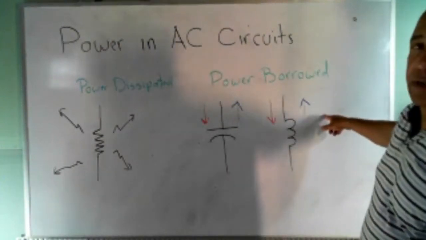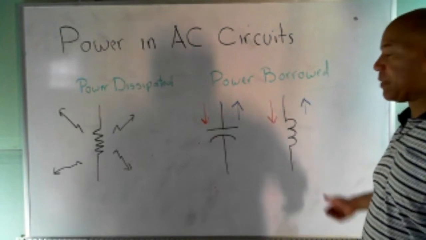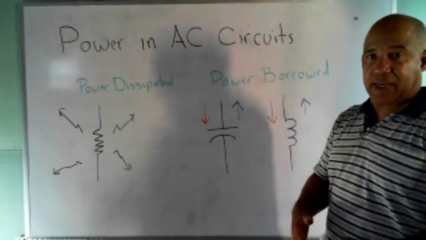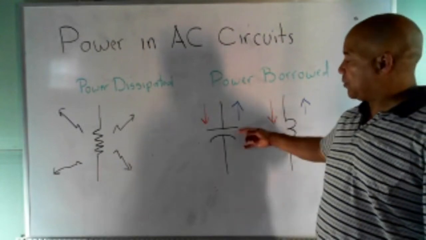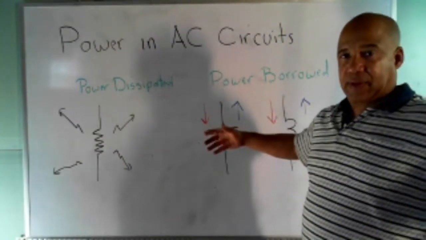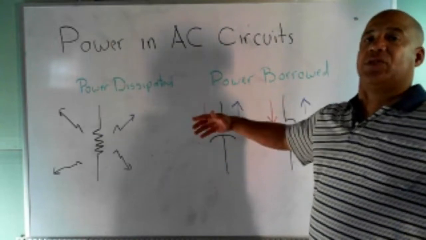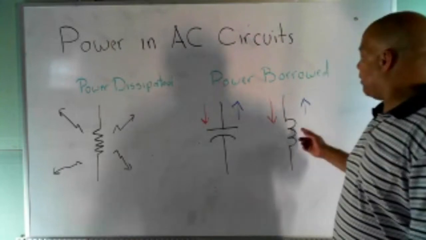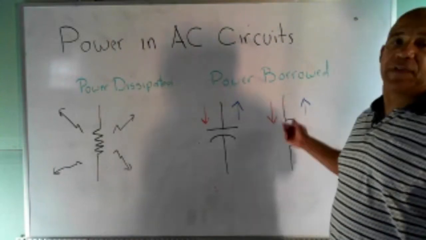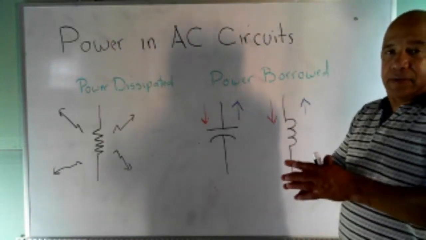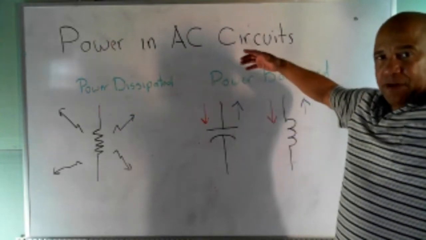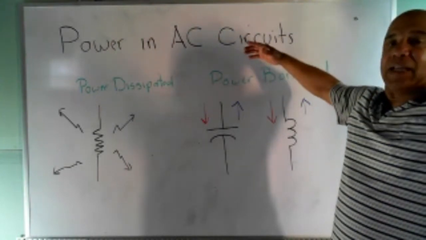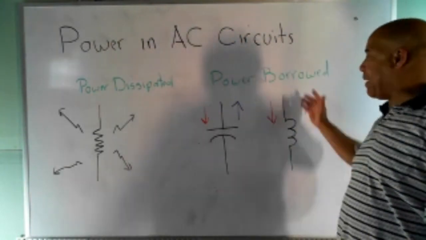Here, the energy is stored in the electric field between the plates of the capacitor, and when that energy transfer is complete, all the energy flows back out of the capacitor, back to the generator. On this end, the energy flows into the inductor and is stored in the magnetic field. As more energy flows in, the magnetic field builds up, and when the energy flow stops, the magnetic field collapses and the energy flows back out.